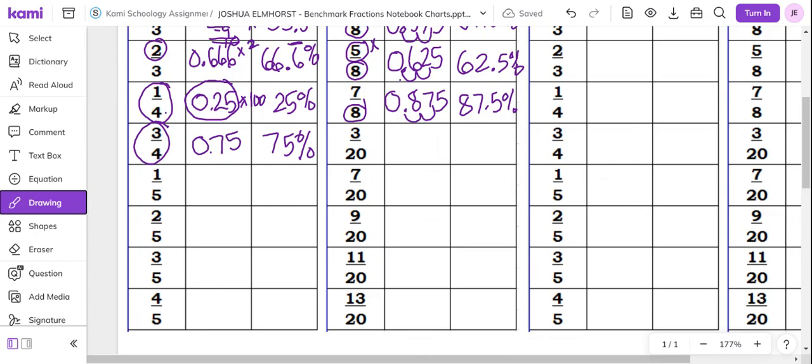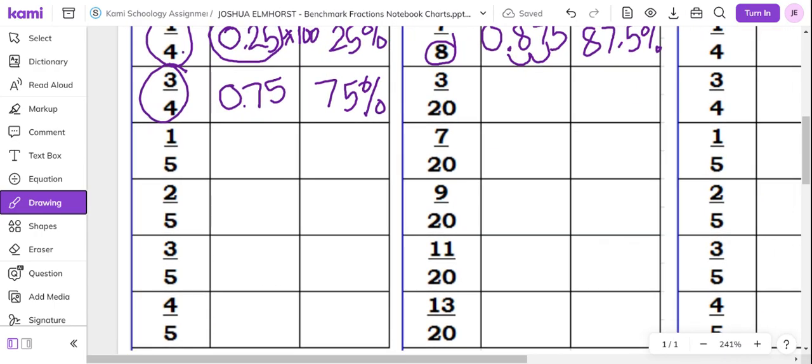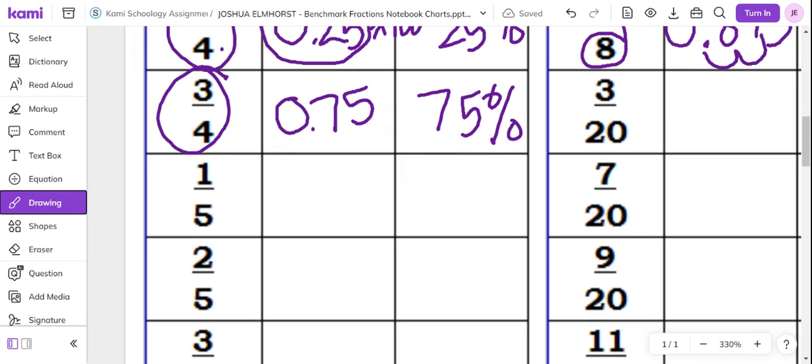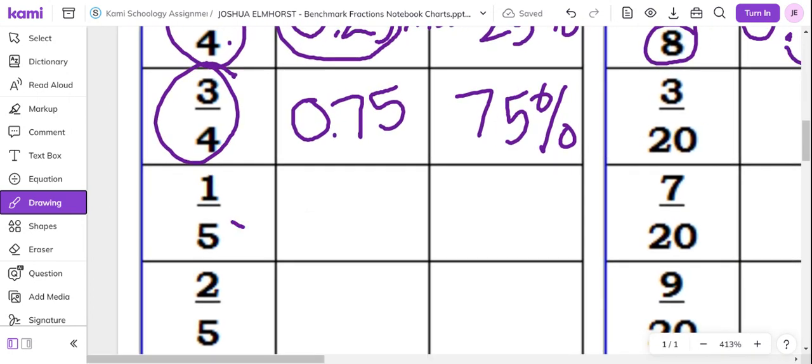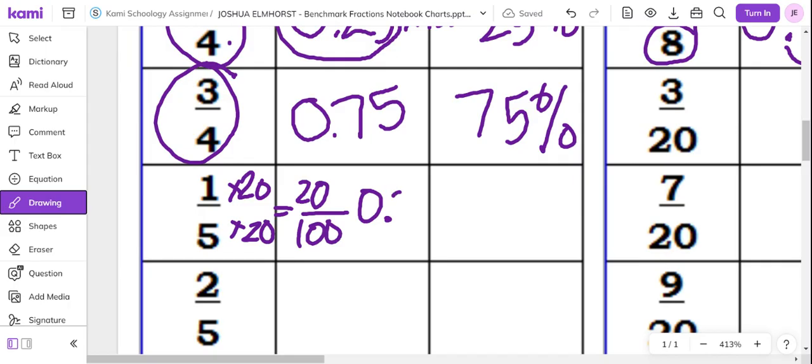And the last one down below is going to be factors of 5 and 20, which both, when multiplied, will give you 100. So the simple conversion here is 5 times 20 will give you 100. And you write it as 20 hundredths, 0.20.